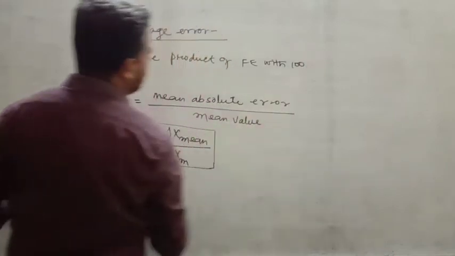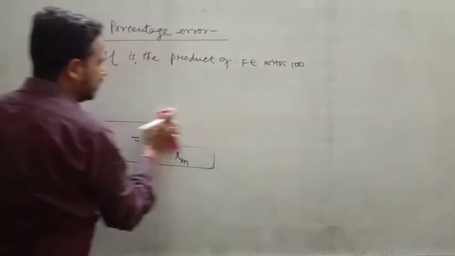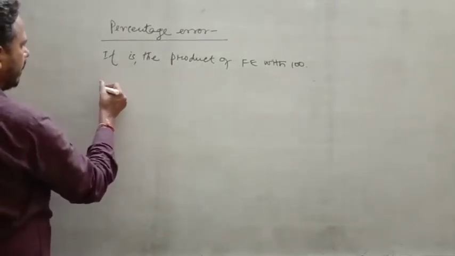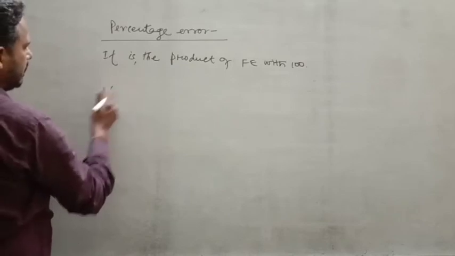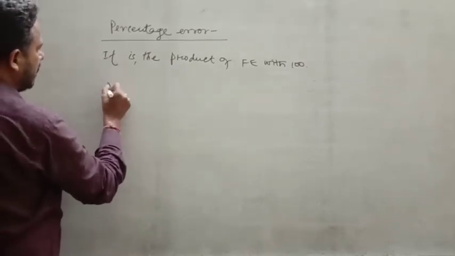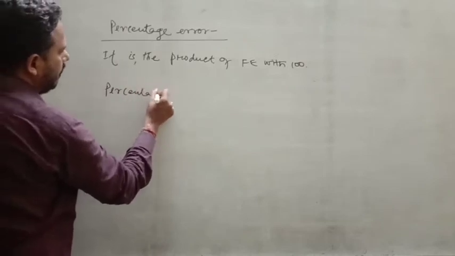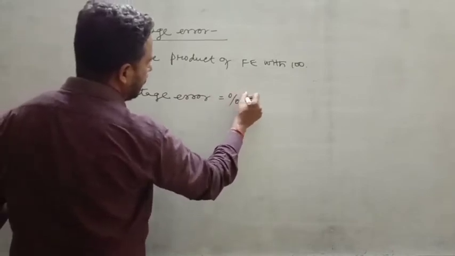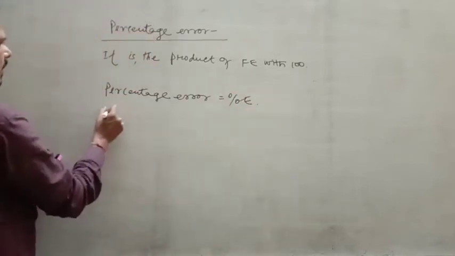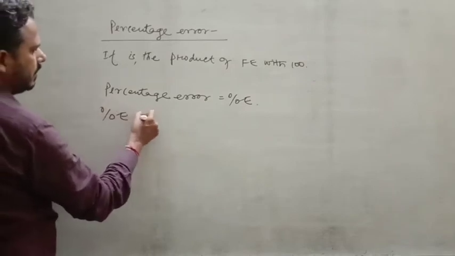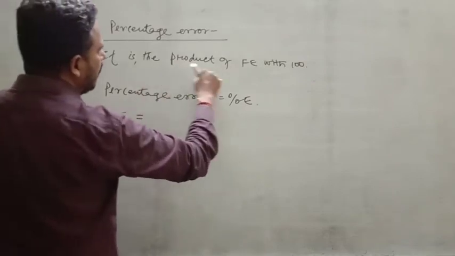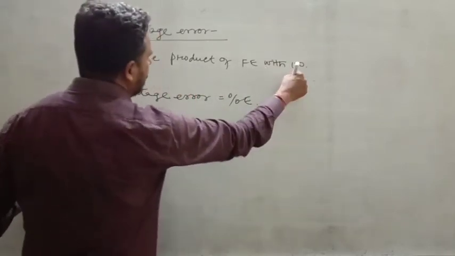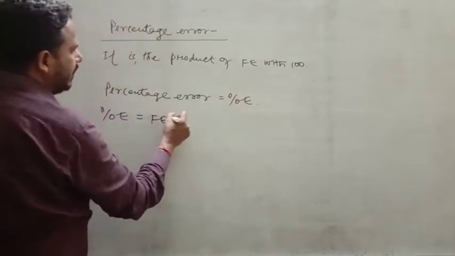So just write down that percentage error is equal to the product of fractional error with 100, that is, Fe into 100.